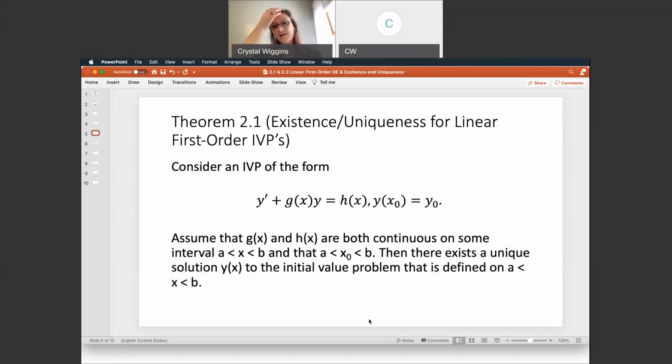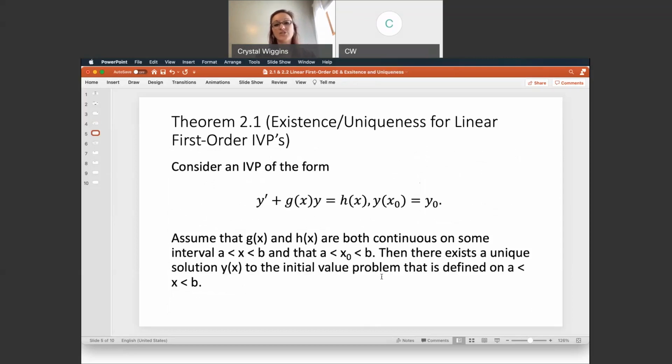Now, this part is a theorem from 2.2, which we're going to discuss before we start solving these examples, because again, this is just an extension of the conclusion. And this is the existence uniqueness for linear first order initial value problems theorem.